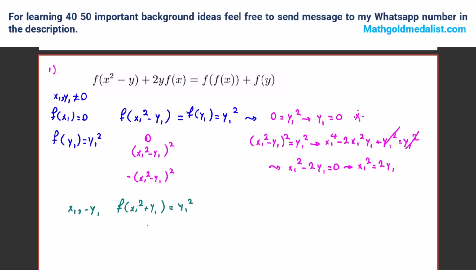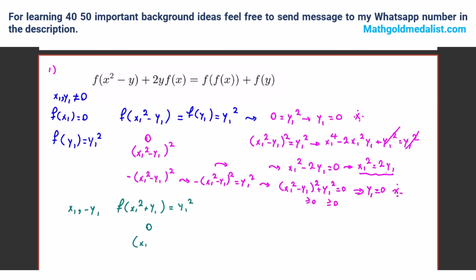Again, you can say this part can be 0 or x1. Sorry, I didn't consider the last case, this one. We can reach a contradiction for this one. Why? Because from here, negative x1 squared minus y1 whole squared is equal to y1 squared. You can take it to the right hand side. So x1 squared minus y1 squared plus y1 squared is equal to 0. And because they are real numbers, they are at least 0, so we can conclude both of them should be 0, y1 0, that's a contradiction.